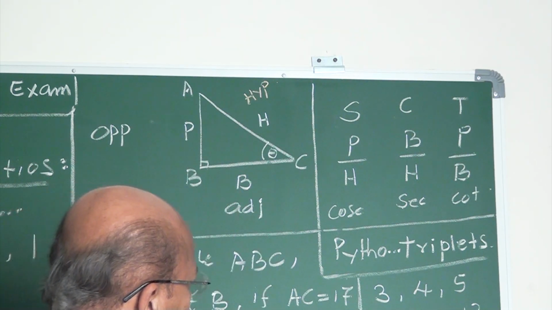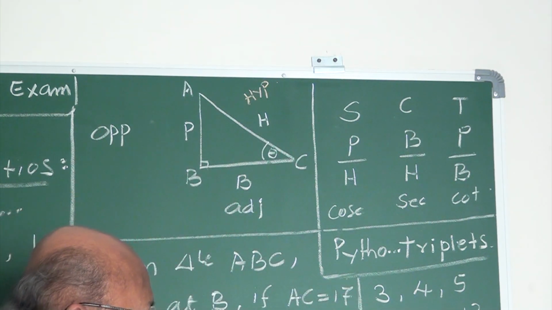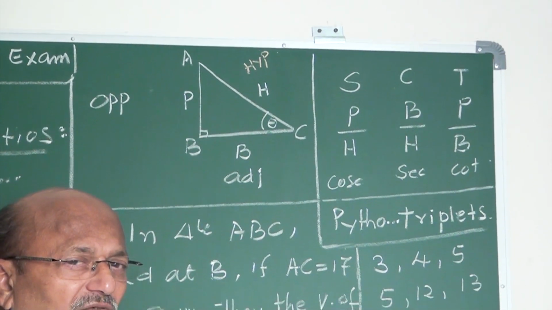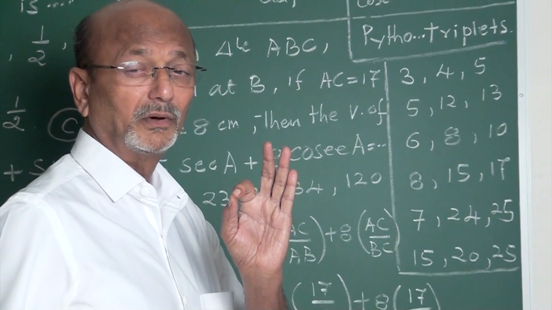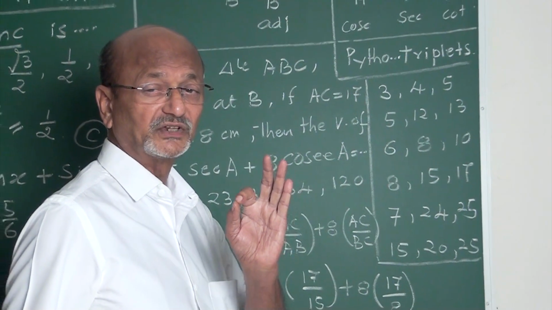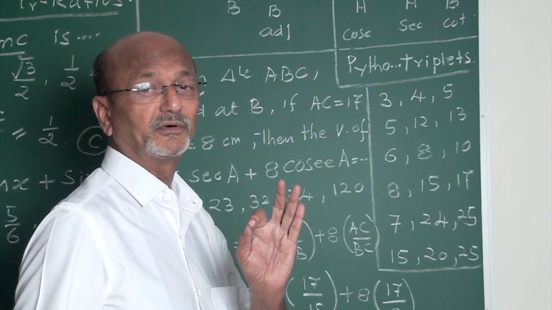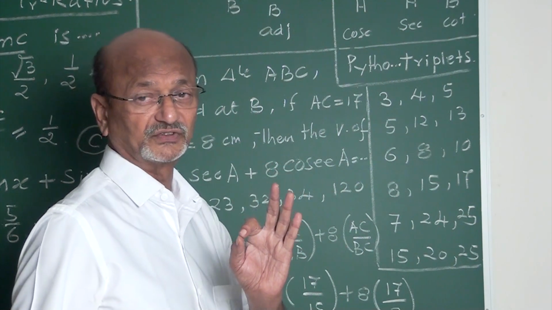Then, to save time, this list is very important, my friends. You must remember. If you want a number more to score 90%, more than 90%, 100%, you must make the efforts.